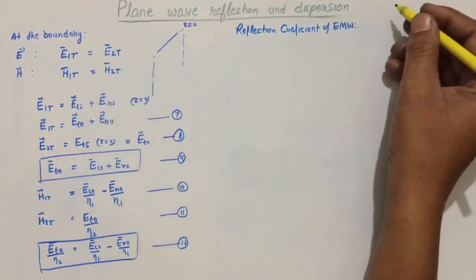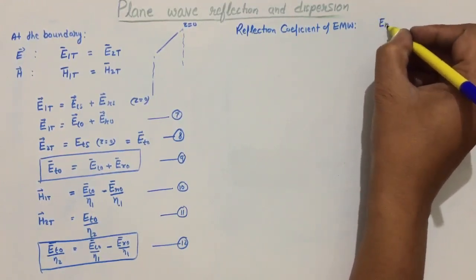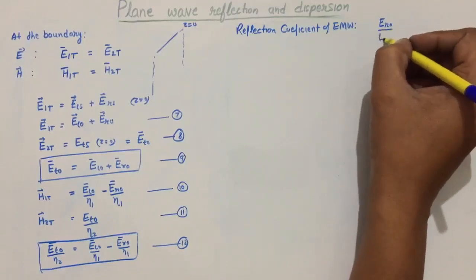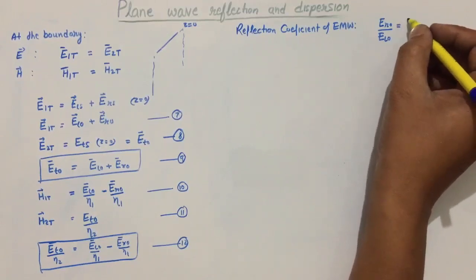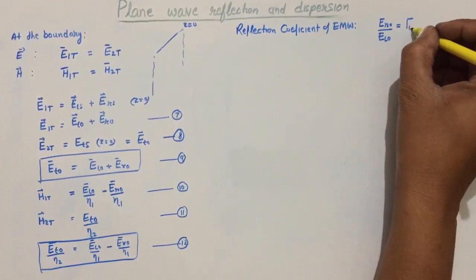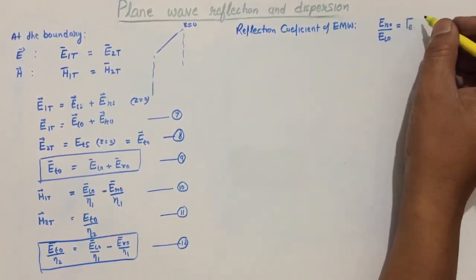So the ratio of the reflected electric field component divided by the incident wave is termed as the reflection coefficient of the electric field component of the electromagnetic wave.